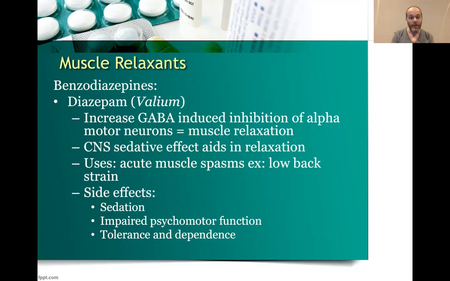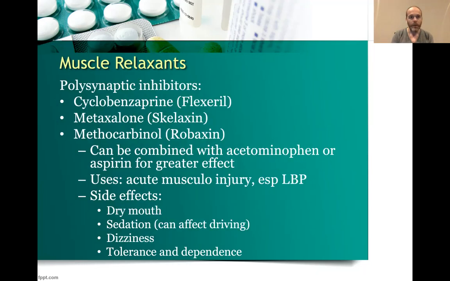So it's really just used for acute muscle spasms and acute muscle strains, not anything that somebody's going to stay on. Out of this slide, you might want to know the terms Flexeril and Skelaxin. Those are other muscle relaxants that are out there. They're used a lot of times for musculoskeletal injuries. They can cause dry mouth, sedation, some dizziness, and you can build a tolerance to these.